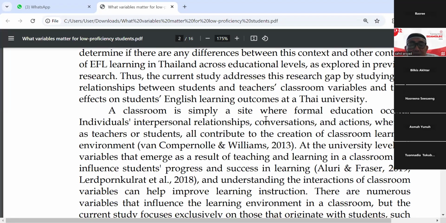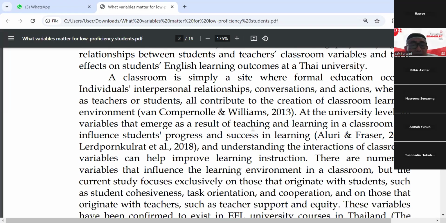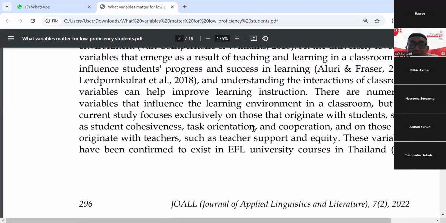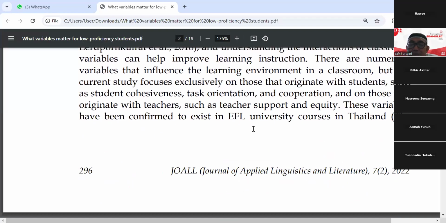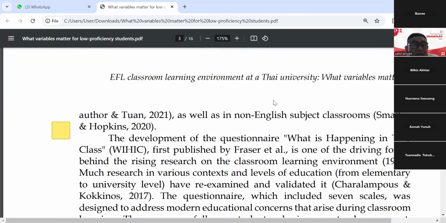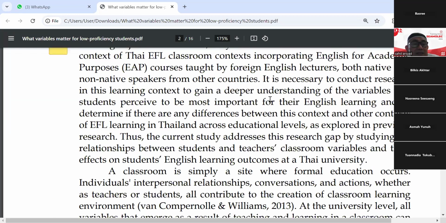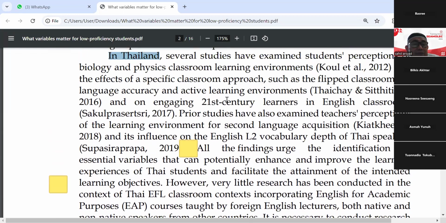A classroom is simply a site where formal education occurs. Also in Thailand, I think. There are numerous variables that influence. These variables have been confirmed by example study courses in Thailand, still in Thailand. So these are studies in Thailand, presented in two paragraphs.